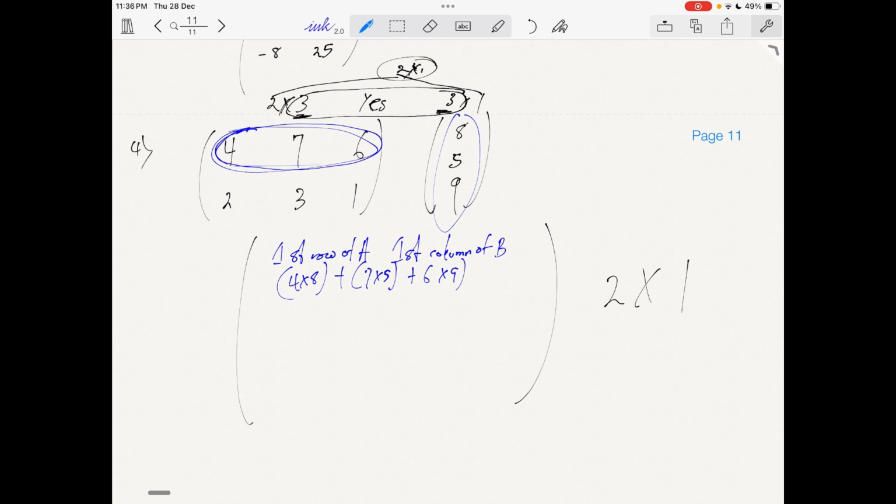Now we have two rows and a single column.